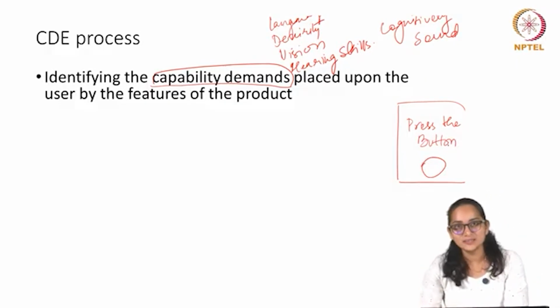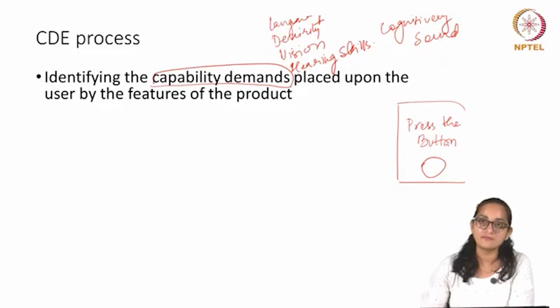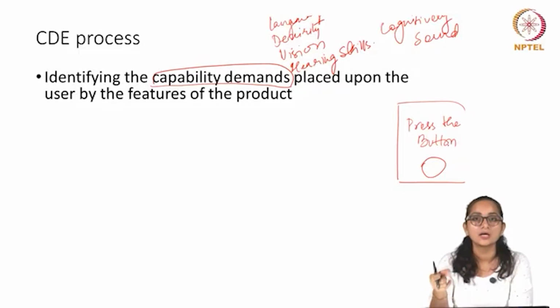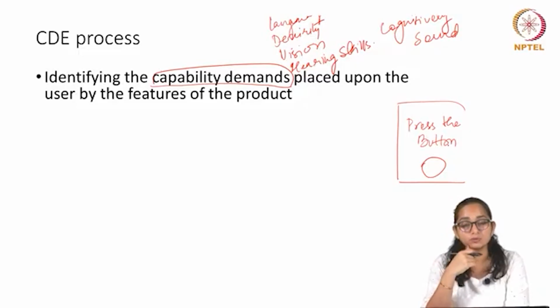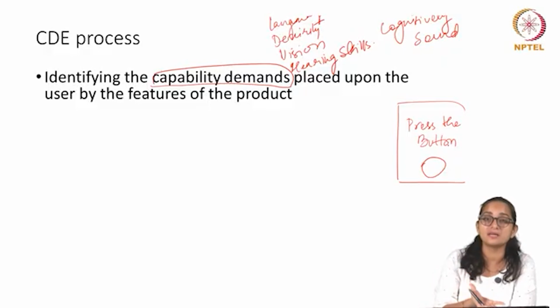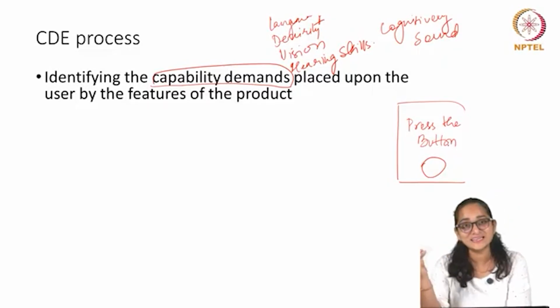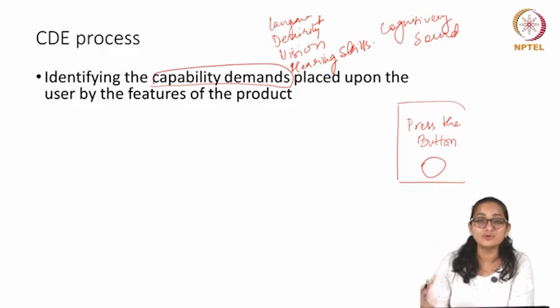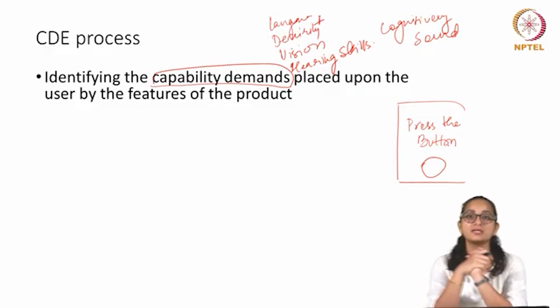But it is still demanding that you are able to see where the button is, you are able to navigate your finger to it, you are able to lift your thumb and press it, you are able to read the words press, the and button, you are able to understand the meaning of the word press, the meaning of the word the, the meaning of the word button, then semantically associating it in your mind and then reacting to the instruction and pressing the button. So, all of these are capability demands placed by this interface.